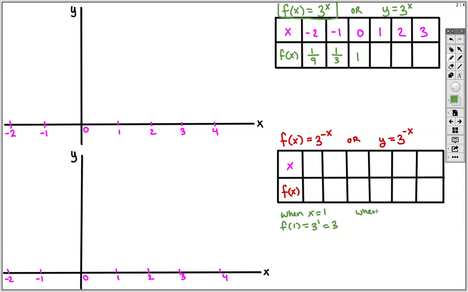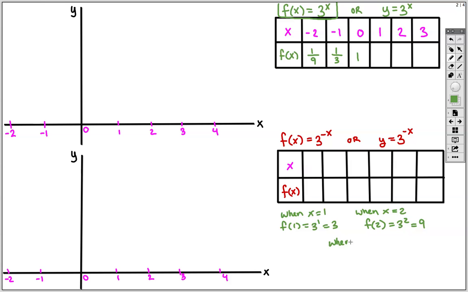When x is 2, f of 2 is 3 squared, or sorry, I wrote that poorly. It's f of 2, and that's 3 squared, which is 3 times 3, 9.